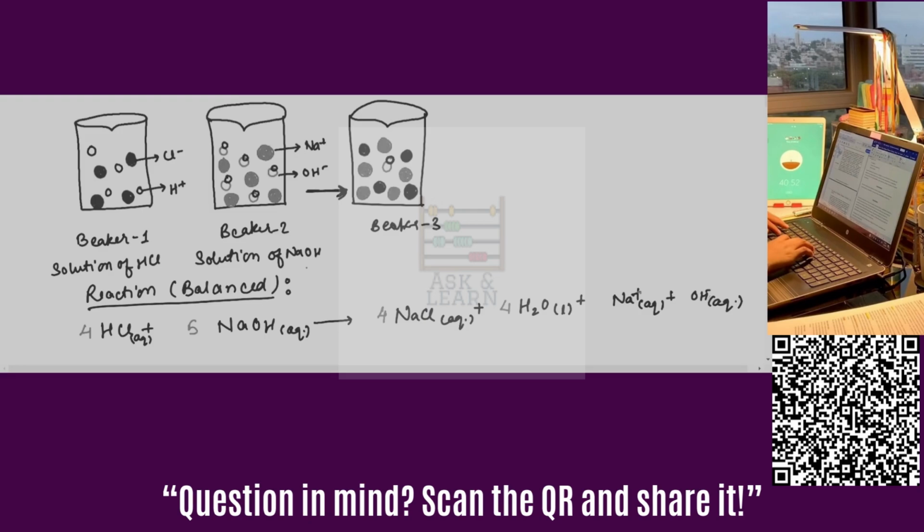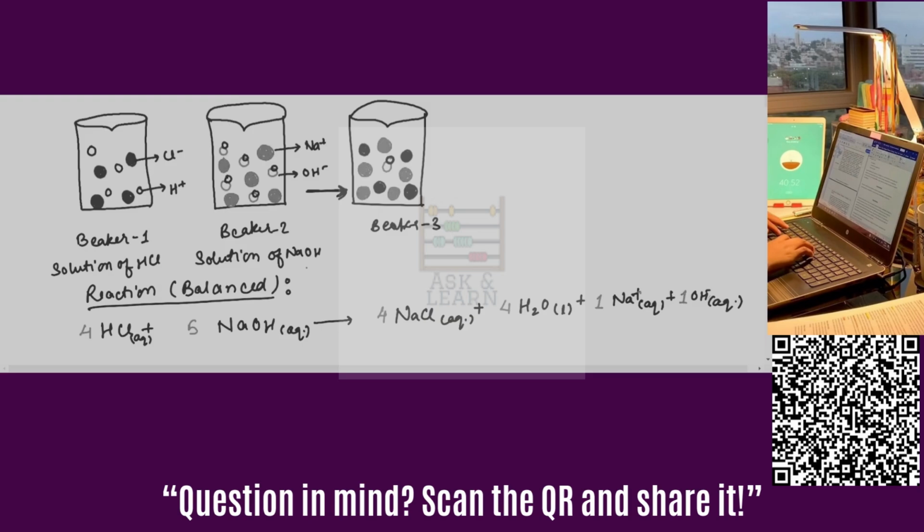You can say 4 OH is with the liquid, and this must not be taken. We are just balancing the equation, but H2O is just a liquid which is making a solution only, and we are talking about only ions. So here one Na plus is there, and one OH minus.